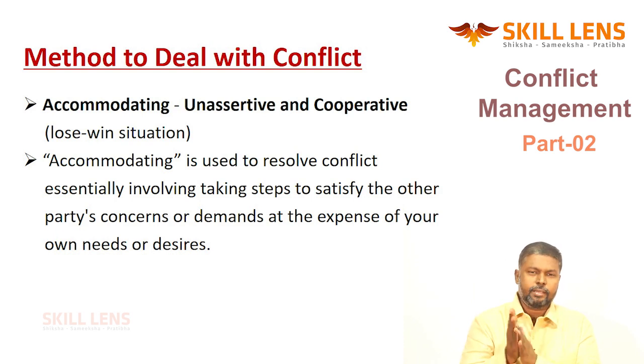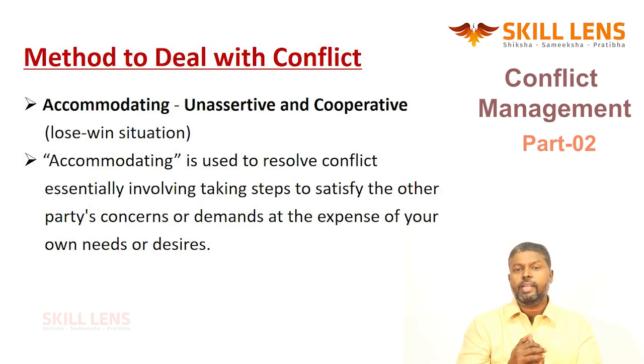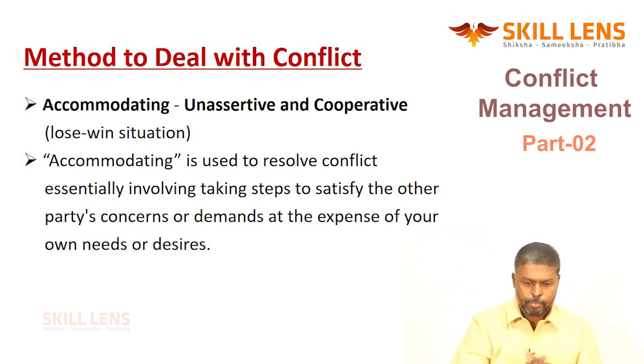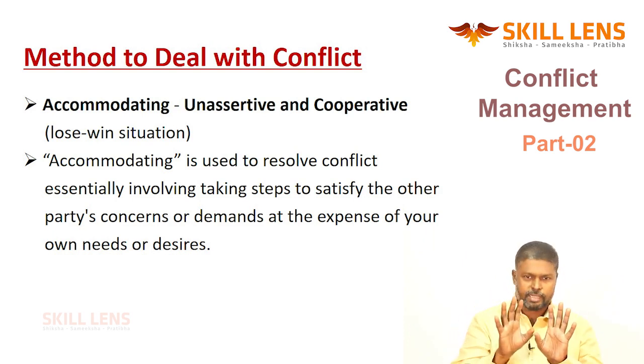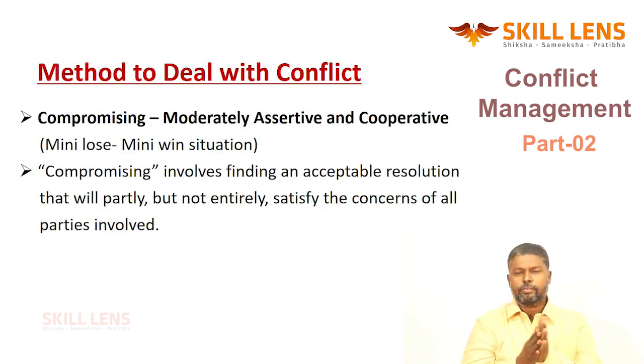Accommodating is essentially taking steps to satisfy the other party's needs or demands at the expense of my own needs. So, accommodating it is. The third that we will discuss here is called compromising.